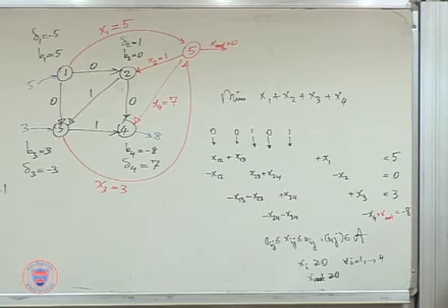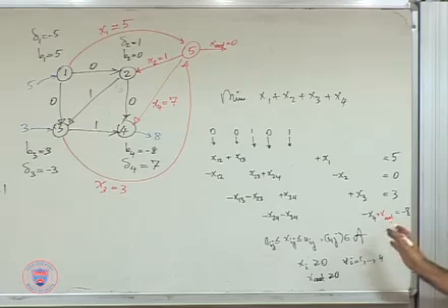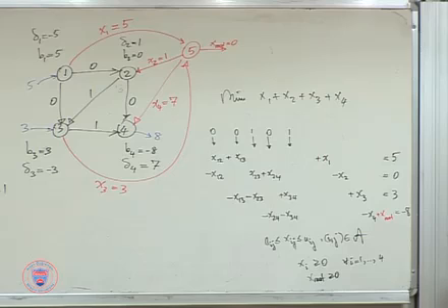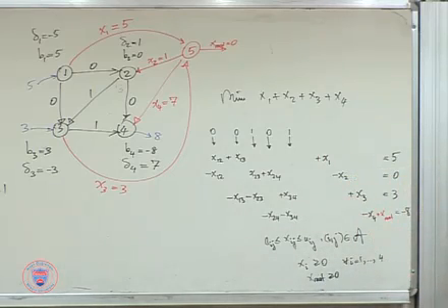Now, I'm not going to work out the rest of it. Once you set it up like this, what is your initial basic feasible solution for phase 1? Let me just point that out. So this is the correct setup here.